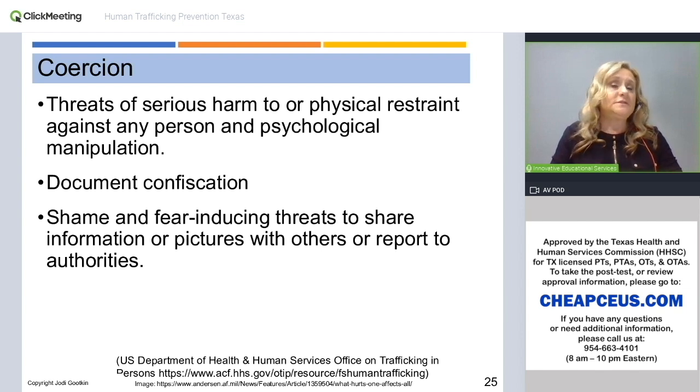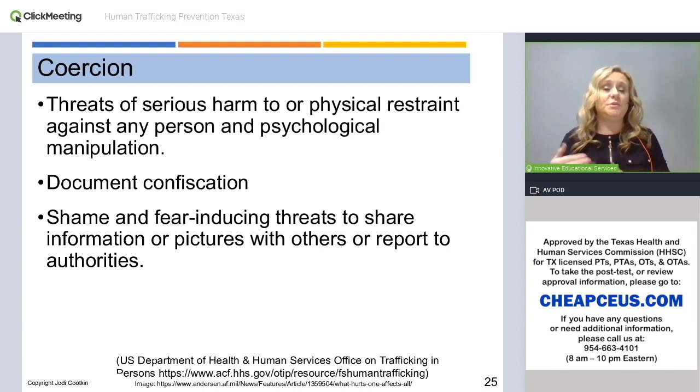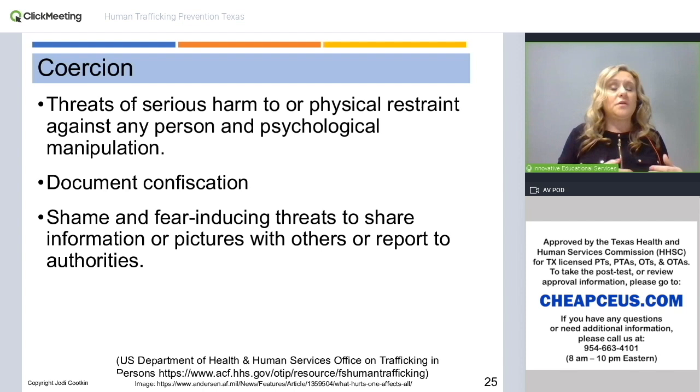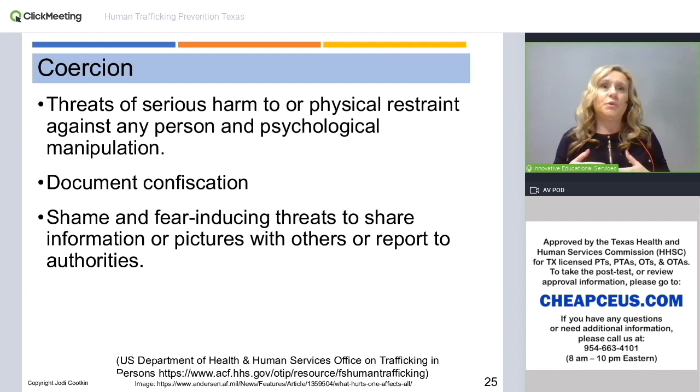The victims are often reluctant to come forward because the traffickers use this coercion to leverage their vulnerabilities, create dependency on the trafficker, and the individual may be so concerned about harm that they continue in the trafficking situation, or they're compliant because they're so maybe embarrassed about the situation they're in, or what will be told to other individuals about what they're participating in, that they just feel like they have to continue in the situation.